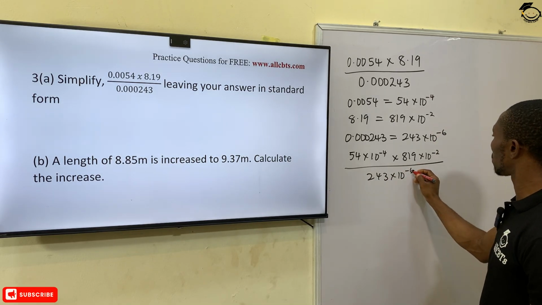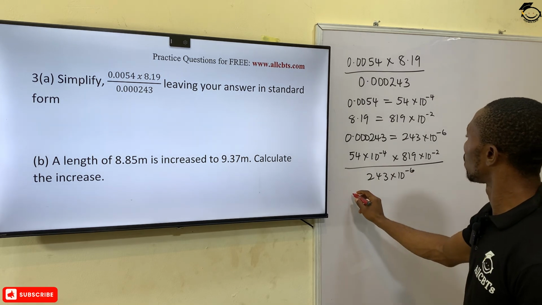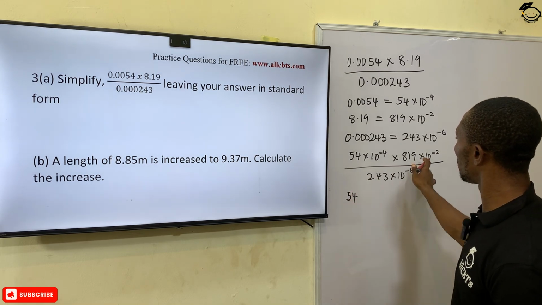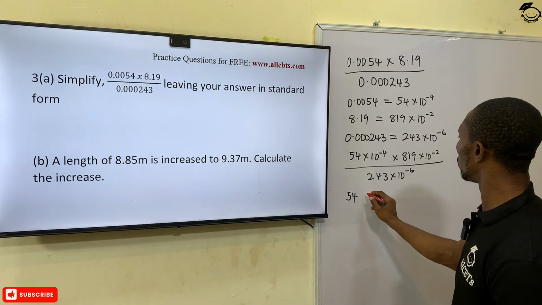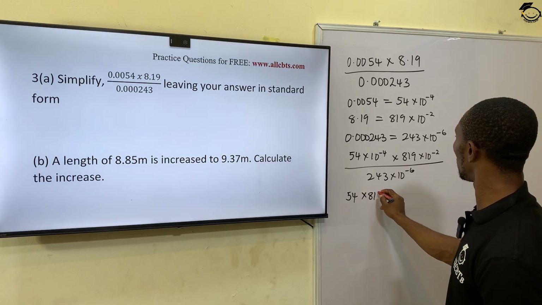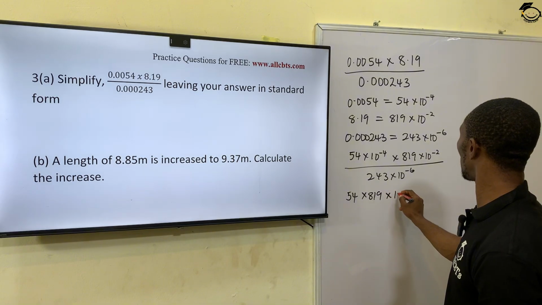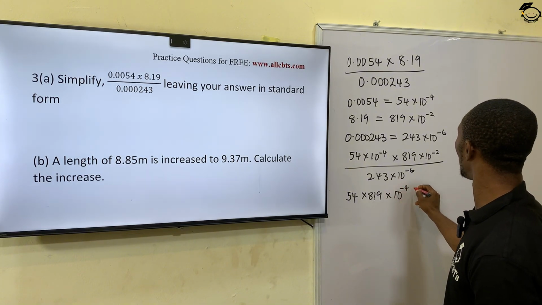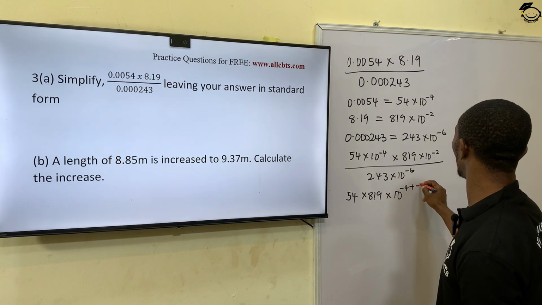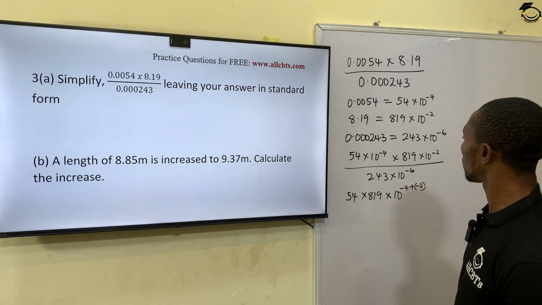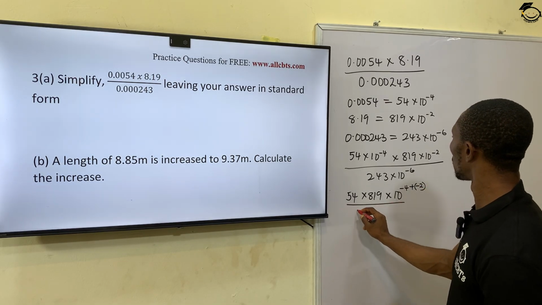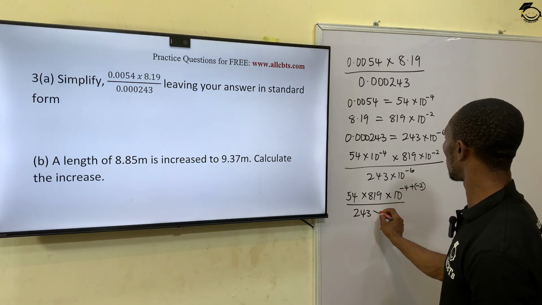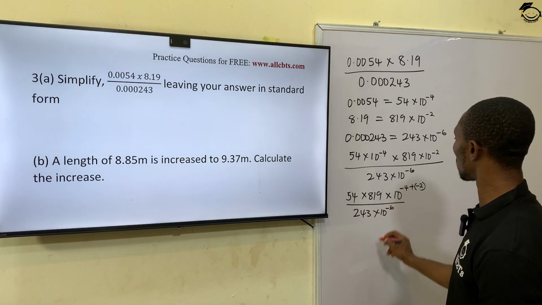Now, applying our indices rule, we would have 54 times 819 times 10 raised to power minus 4 plus minus 2, all over 243 times 10 raised to power minus 6.